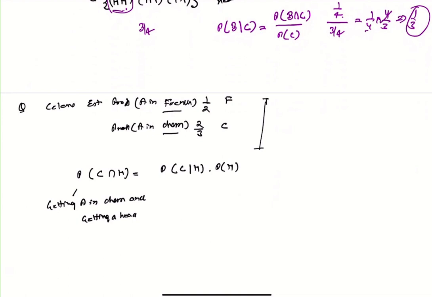The probability of getting an A in chemistry after a head on the coin toss is: first you get a head in the coin toss, and then you get an A in chemistry, that is 2/3. So the probability of getting a C after getting a head is still just 2/3, but the probability of getting a head is 1/2. So that is going to be 1/3.